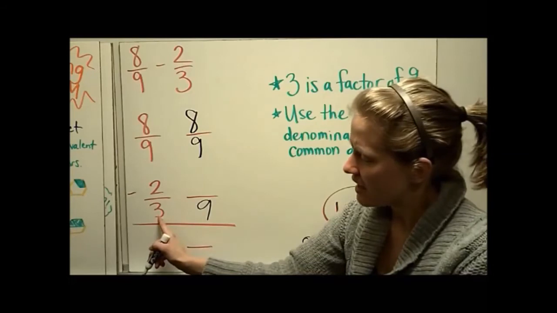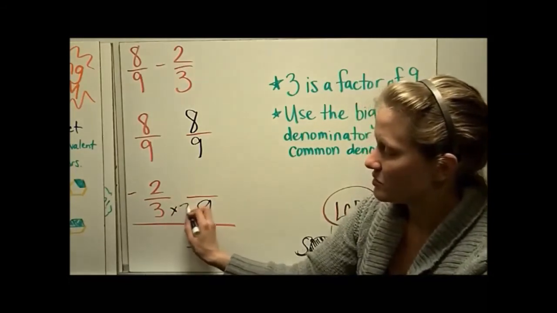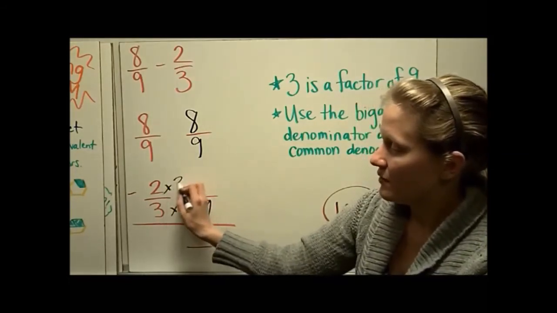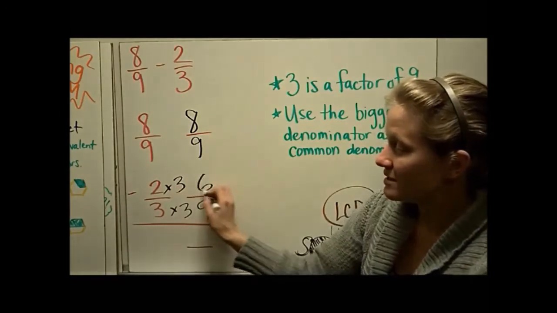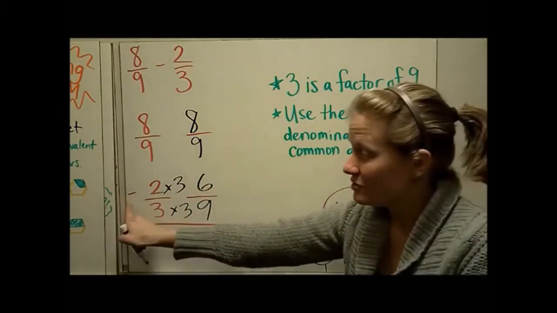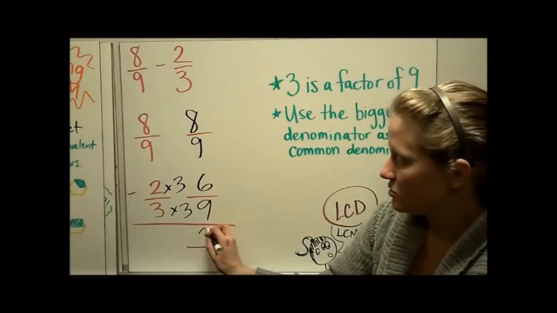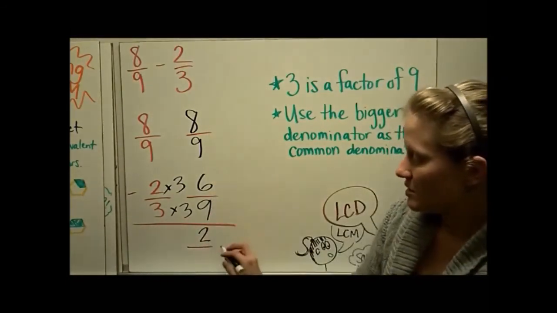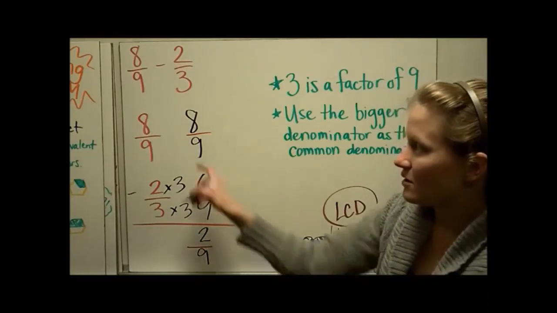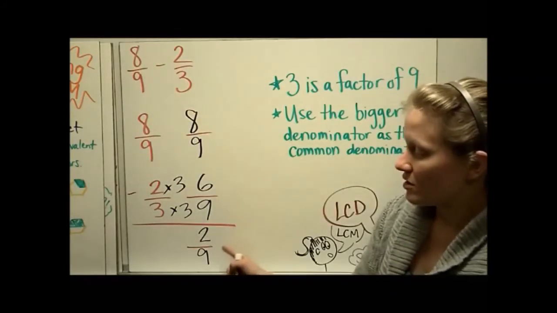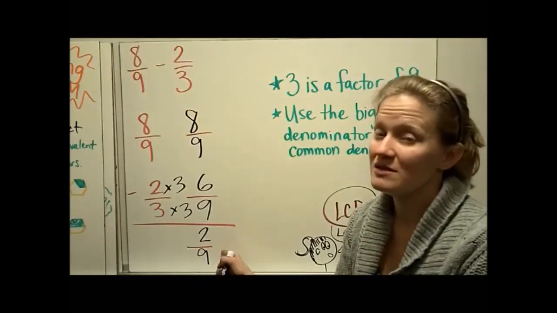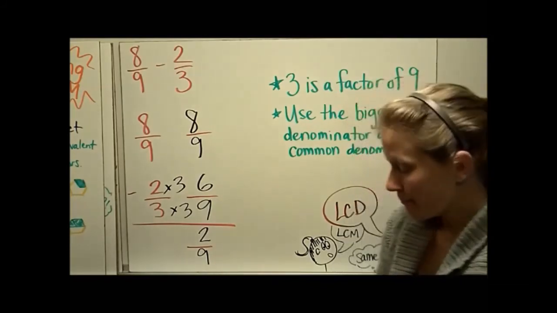So I say, how do I get from 3 to 9? Well, I do times 3 on the numerator. 2 times 3 is 6. And now I just have to subtract. 8 minus 6 is 2. And I'm going to keep the same denominator, which is 9. So 8 ninths minus 2 thirds, the difference is 2 ninths.